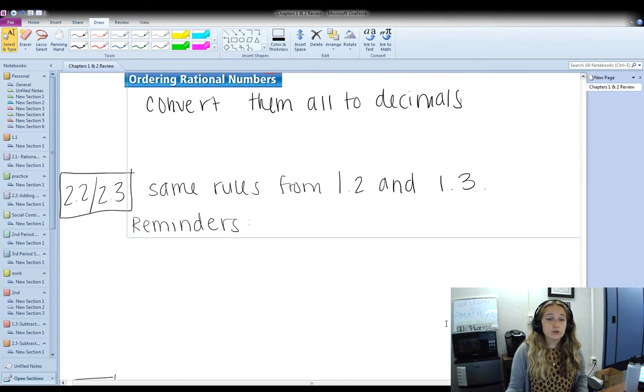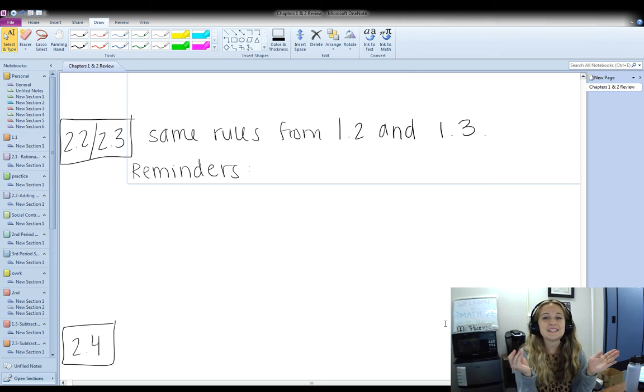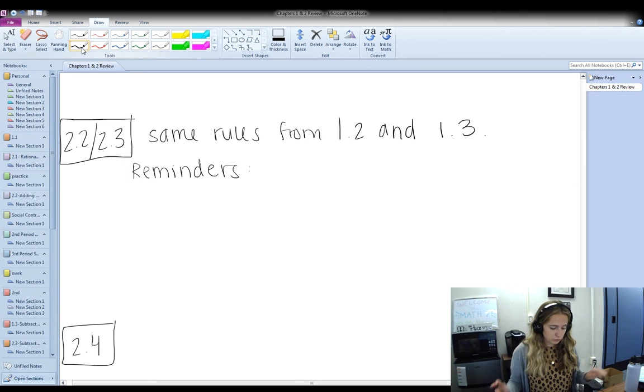Okay, 2.2 and 2.3 is adding and subtracting rational numbers. Just to remind you, these are the same rules as 1.2 and 1.3, so adding integers and subtracting integers. Same exact rules. But a couple reminders about adding and subtracting fractions.